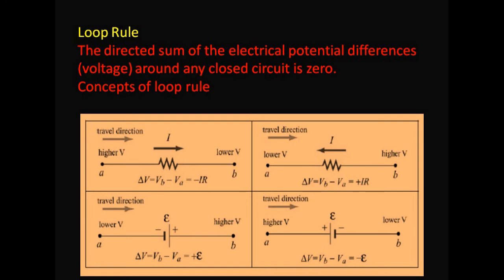So you understand this concept? In case of a resistor, the potential drop will be negative if it is measured in the direction of current. If it is measured opposite to the direction of the current, the potential difference will be positive. In the direction of the current, potential drop negative. Opposite to the direction of the current, potential difference is positive.